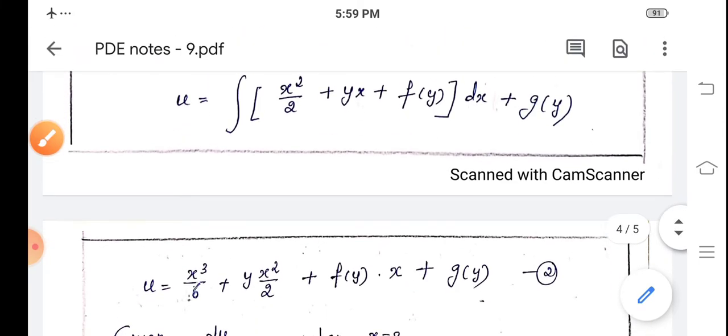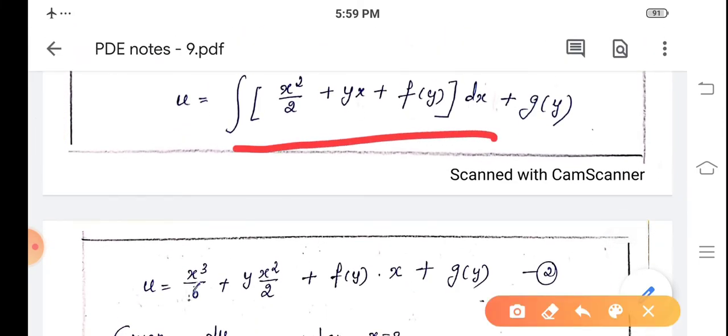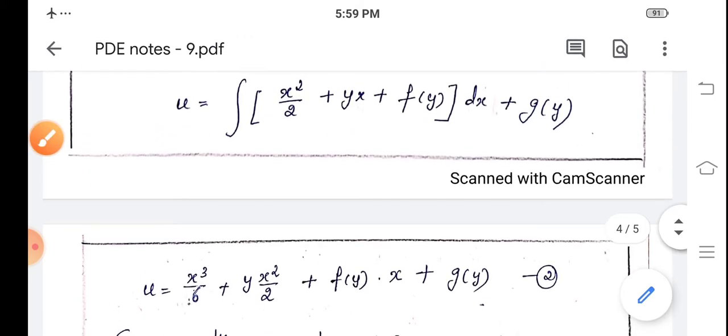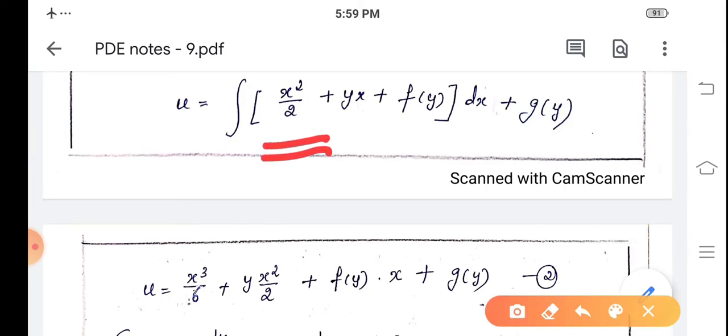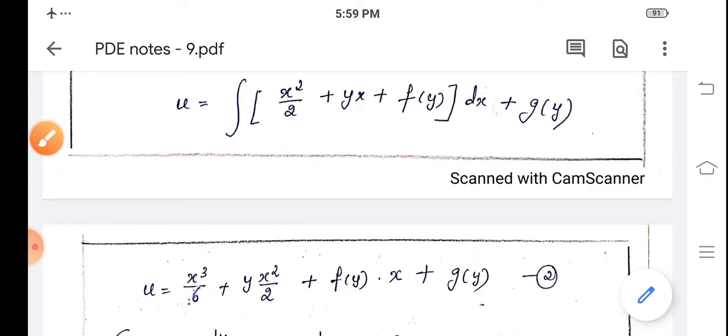So we write u is equal to integration of x square by 2 plus yx plus f of y dx plus g of y. Integration of x square by 2 with respect to x is x cube divided by 2 into 3, that will be x cube by 6.